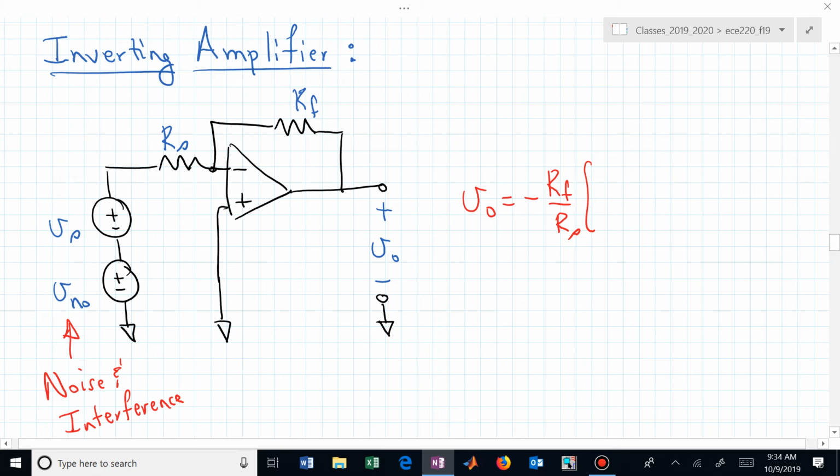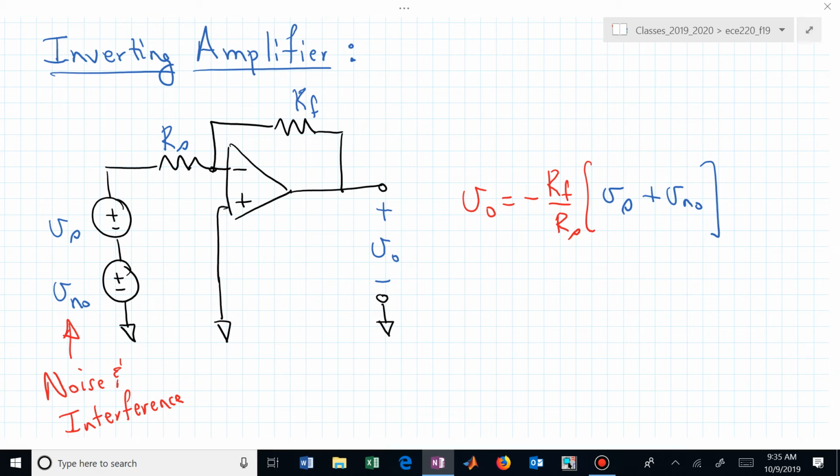If the noise wasn't there, if it was deactivated, then we would have the normal output. But if we then applied superposition, we could say that's really all there is to it.